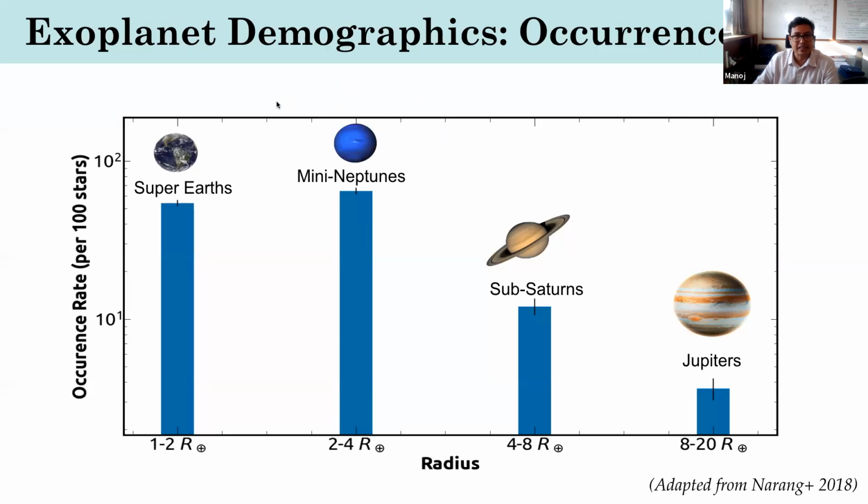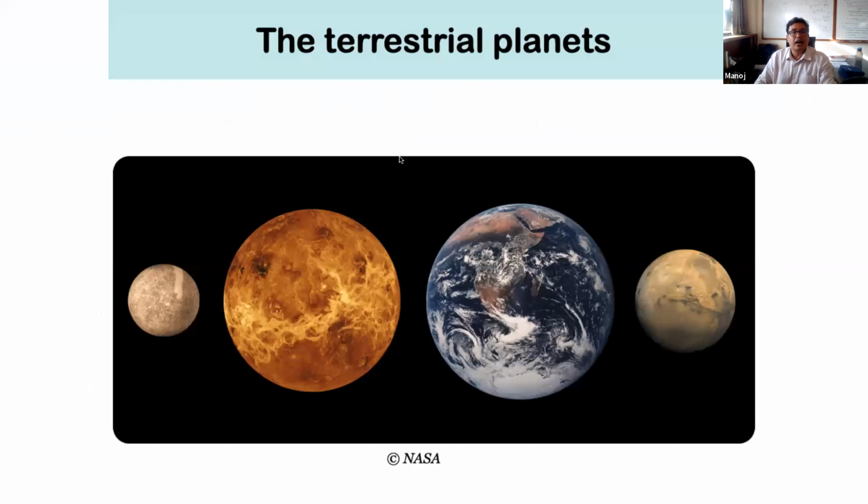So smaller planets are much more common than gas giants. That's one take-home message. Super Earths are about 50 out of 100 stars, so about 0.5 occurrence rate, and this is about 60, so this is the most common one.